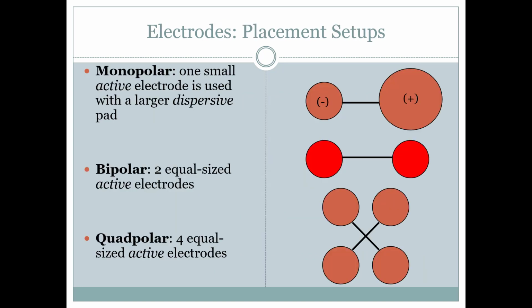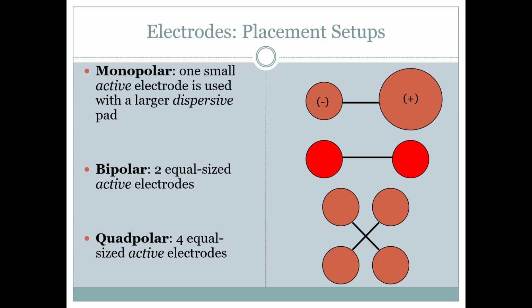Electrode placement can have an effect on the treatment of patients. A monopolar electrode placement occurs when one small active electrode is used with a larger dispersive pad. An active electrode is a smaller electrode under which the current density is great enough to elicit a desired response. A dispersive electrode is a larger electrode under which the current density is not great enough to elicit a desired response.